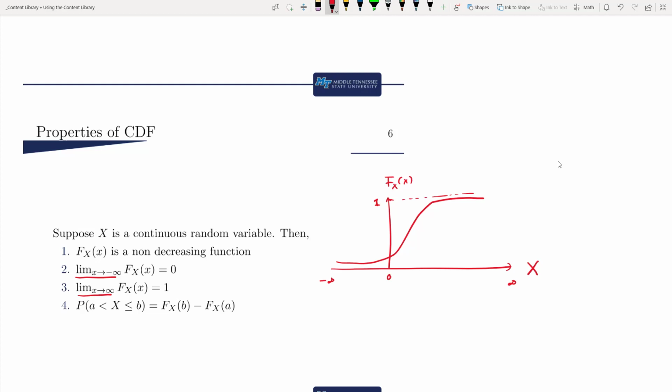So that's why sometimes you need the limit approach. And then here you can see how to get the probability of random variable X in between a and b. That's because you can write this as probability X less than or equal to b minus probability random variable X taking value less than or equal to a. Then this becomes F_X(b) minus F_X(a).